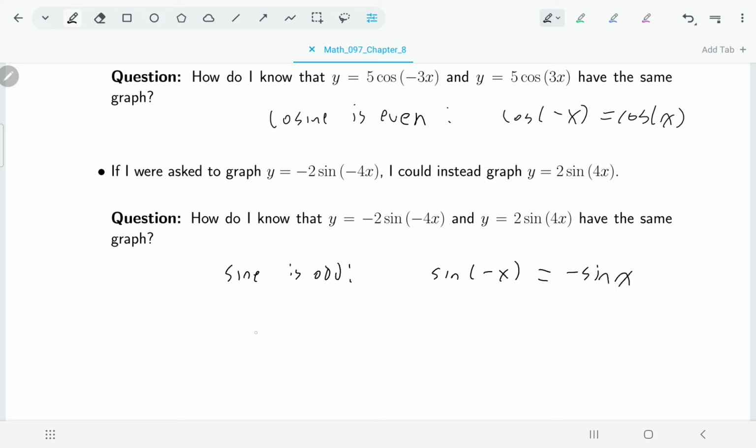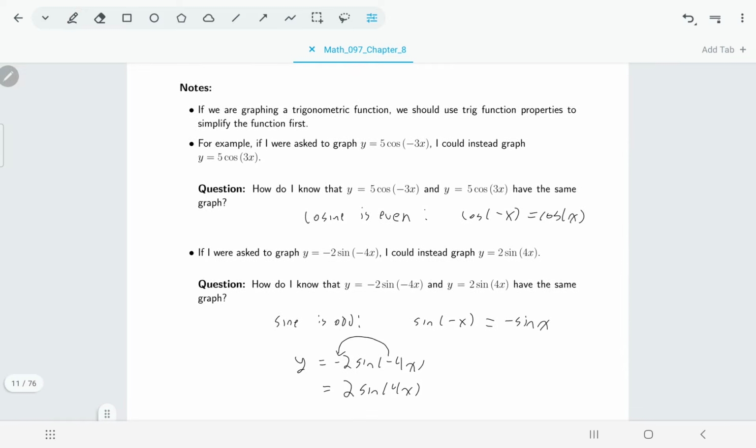So if you had negative 2 sine of negative 4x, the odd property of sine says you could take that negative out in front, and you'd have negative of negative 2, which is positive 2, times sine of positive 4x. And that makes my life a little bit easier because now if I'm thinking horizontally, I just have to worry about stretching. I'll never need to worry about flipping because I can always just use the symmetry to take care of that for me.